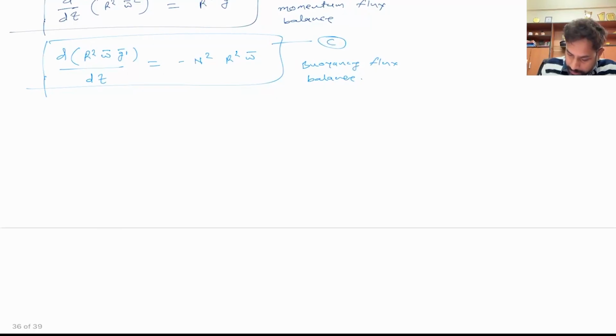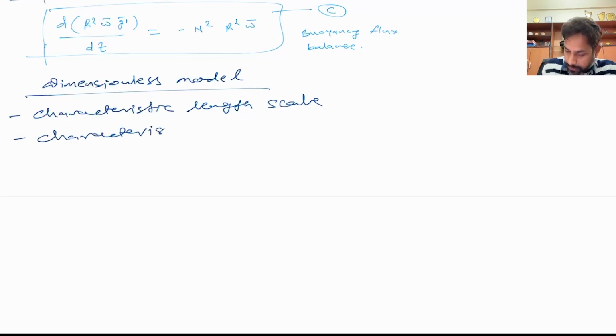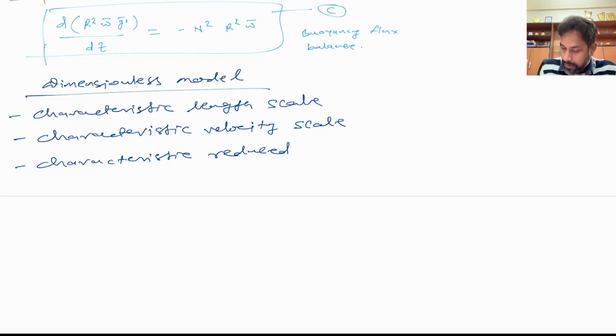Okay, so we start with the dimensionless model. We will first define the characteristic length scale, characteristic velocity scale, and characteristic reduced gravity.